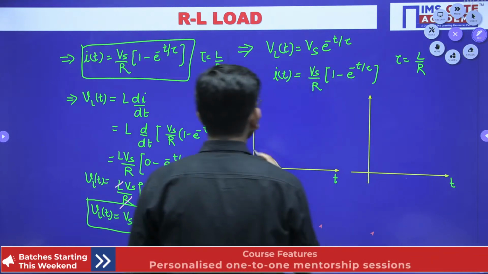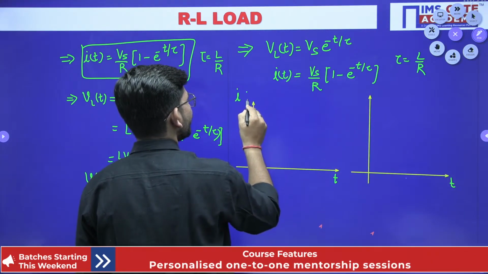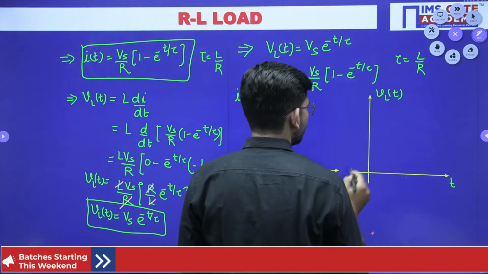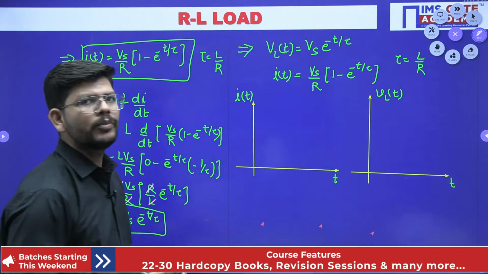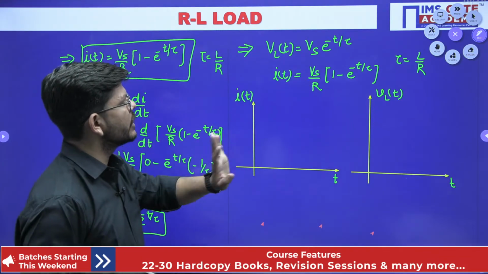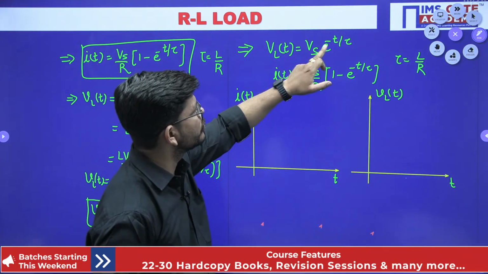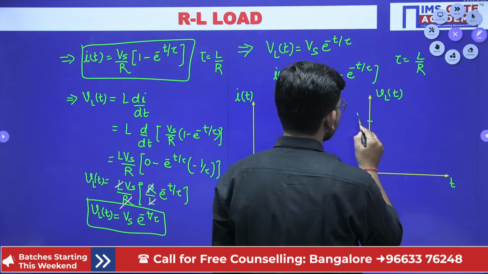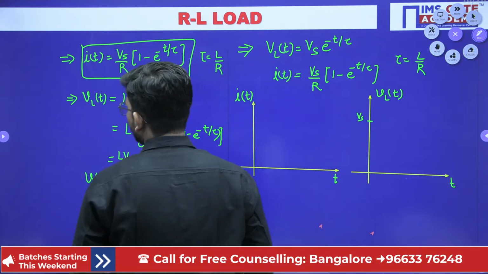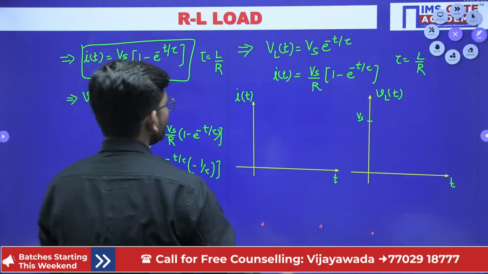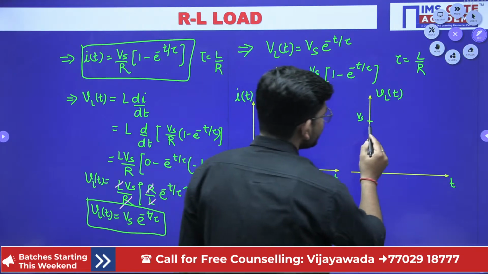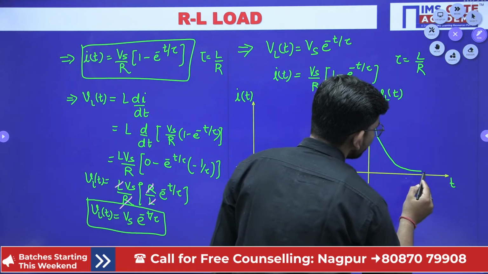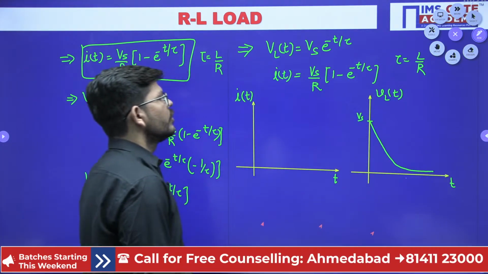Suppose I am plotting the current first, and this is my current I(t) and this is my inductor voltage VL(t). If I put t equals 0 in this expression, I get a voltage of Vs. So initially the inductor voltage is Vs, and if I put t equals infinity, this voltage will decay exponentially and finally the value of voltage will be 0, isn't it?